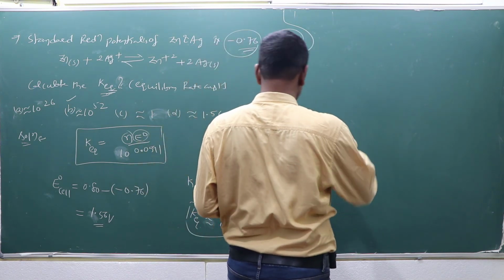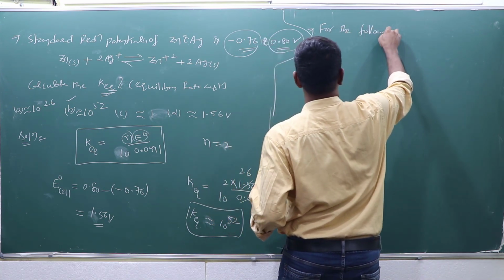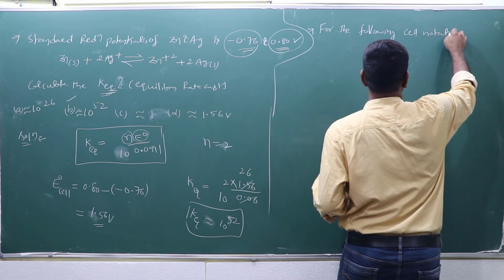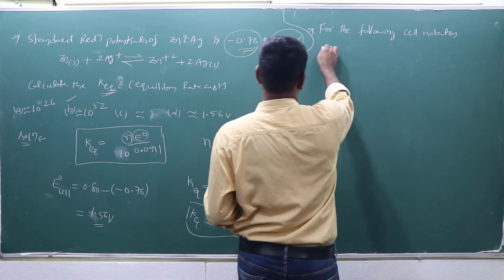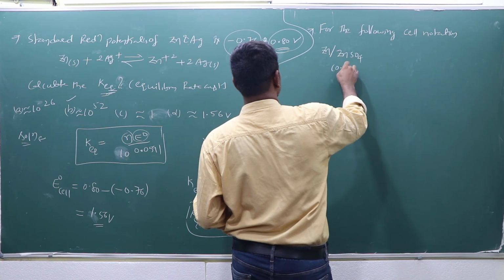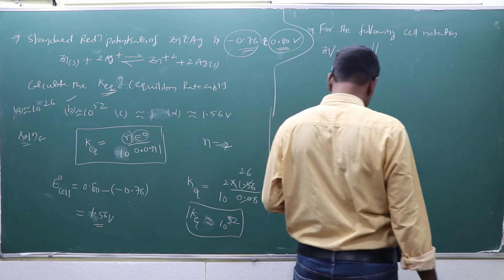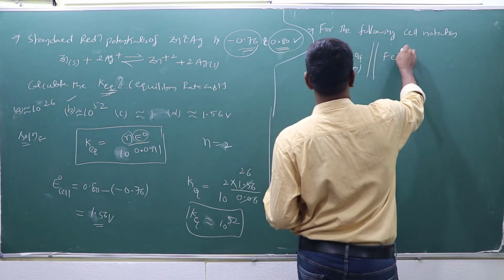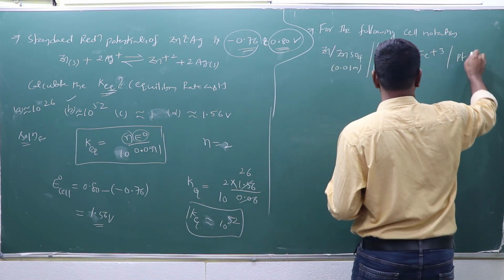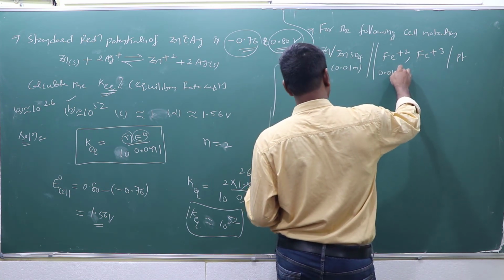For the following cell notation, zinc is going to be zinc sulfate, that means zinc is dissolved in zinc sulfate, 0.01 molar concentration, and a salt bridge is mentioned. The redox couple, that means redox electrode, is the redox couple of Fe plus 2, Fe plus 3.